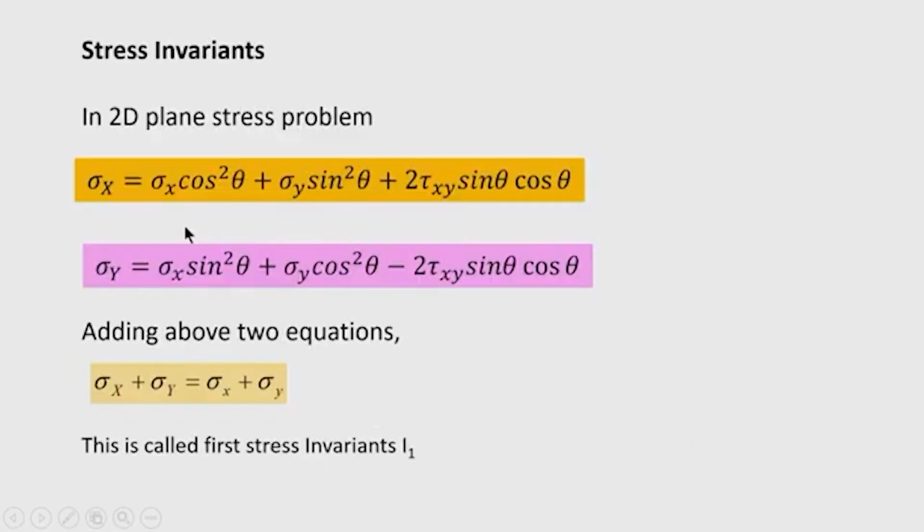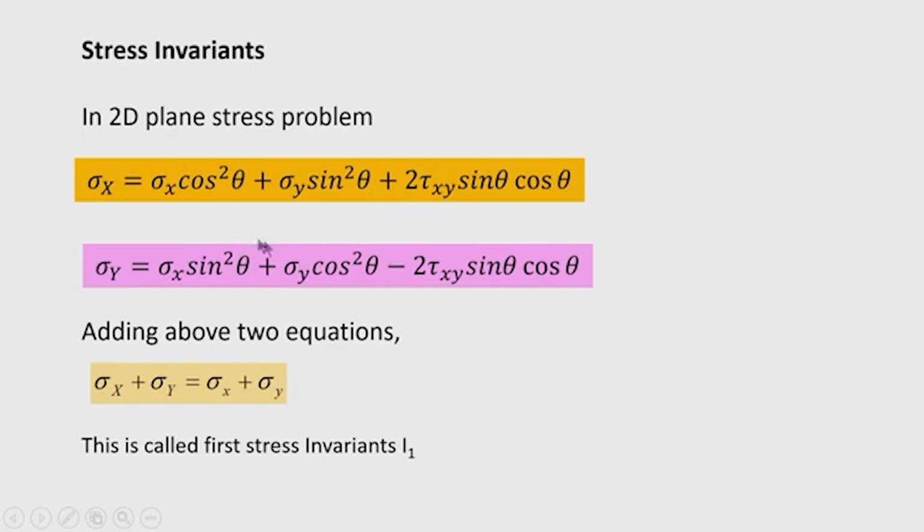Okay. So, one interesting thing you can see here, that is sigma X equal to sigma x cos square theta plus sigma y sin square theta plus 2 tau x y sin theta cos theta, and another expression you can see here, sigma Y equal to sigma x sin square theta plus sigma y cos square theta minus 2 tau x y sin theta cos theta.